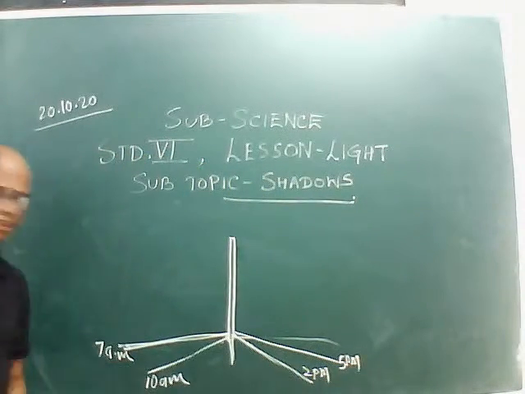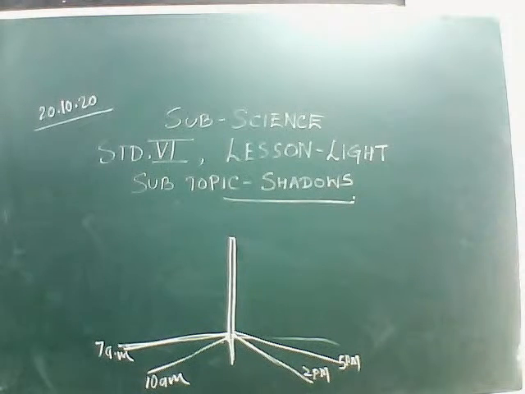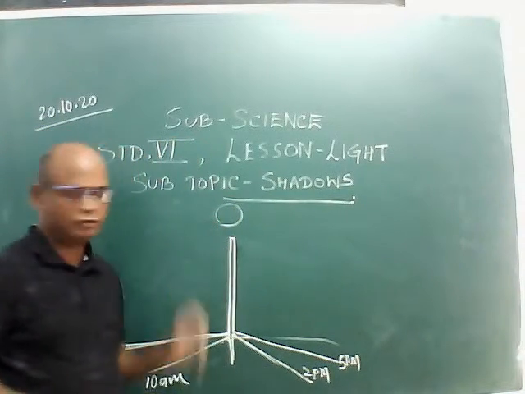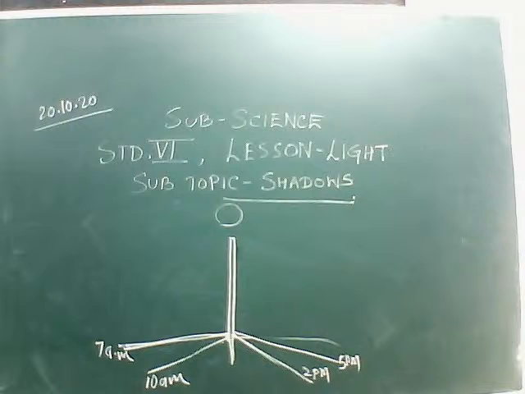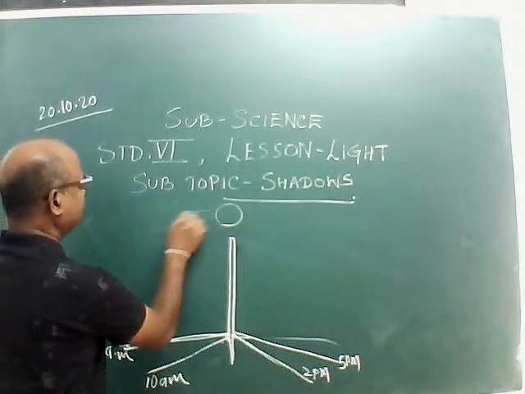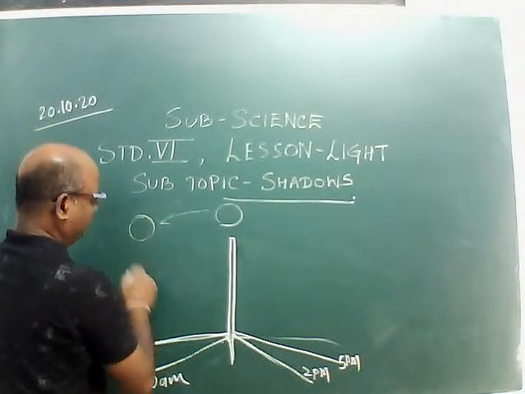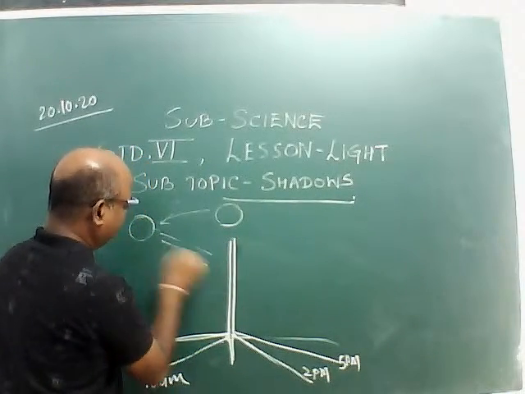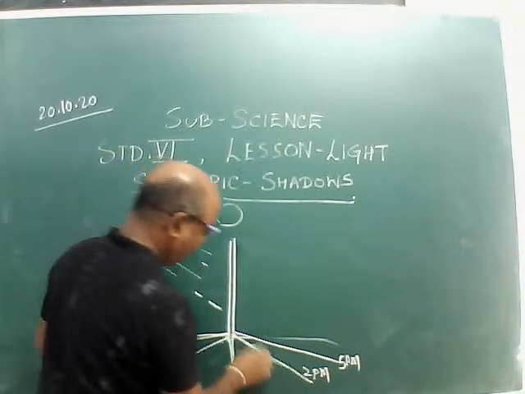Now this shadow which is formed depends on the position of the sun. At 12 noon, the sun's position will be here. Okay. Then at 2 p.m., it will be somewhere here, so it will block the light and the shadow will form here.